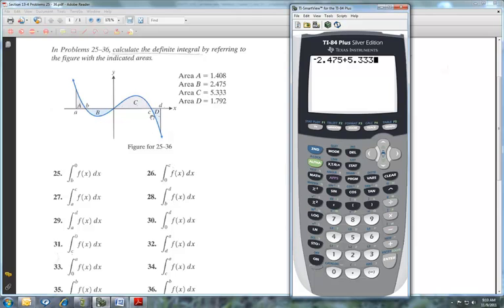And then to end up from C to D. So see, this has taken me from B all the way to D, so I can do these in sections, but it's below, it's going to be negative, so negative 1.792. So my answer for 28 should be 1.066.